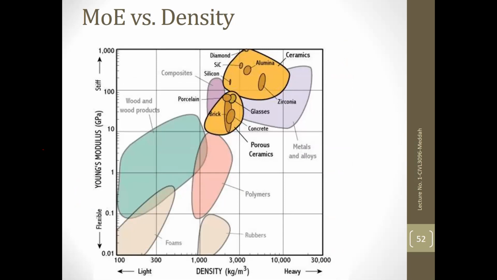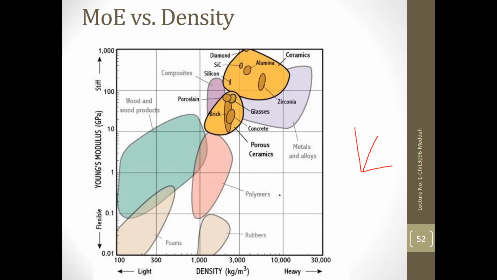Also, we have a relationship between the modulus of elasticity, Young's modulus, and the density. Usually here also we have a linear relationship. The more the density increases, from light to heavy materials, the more the modulus of elasticity, or Young's modulus, also increases.